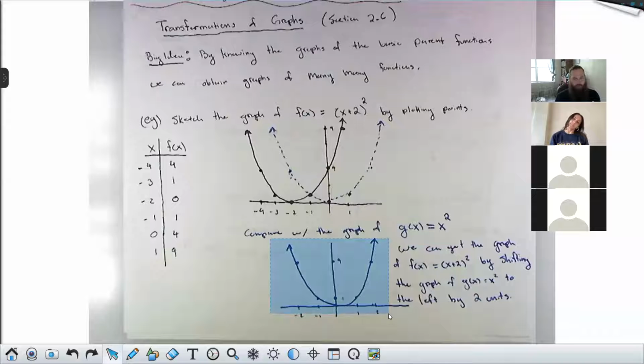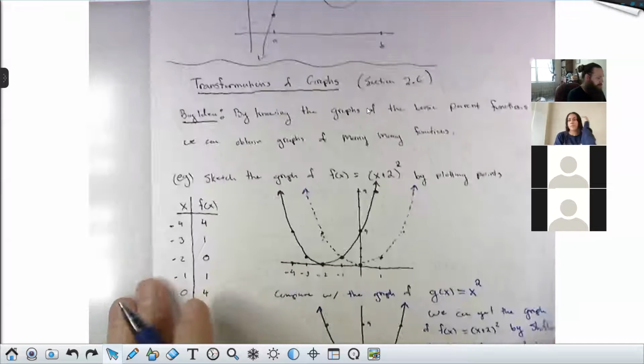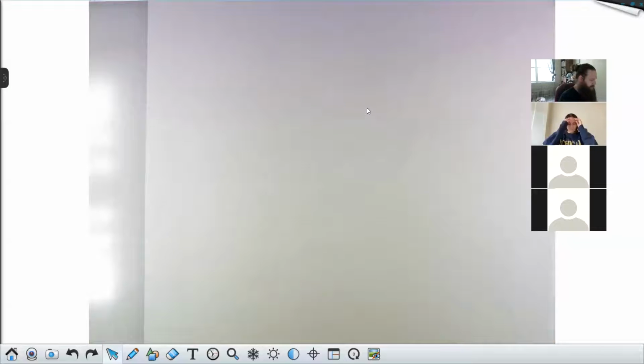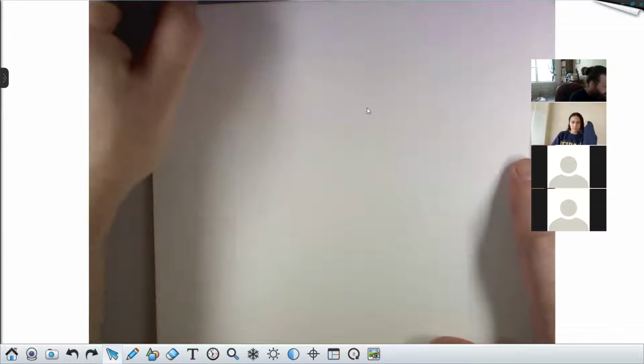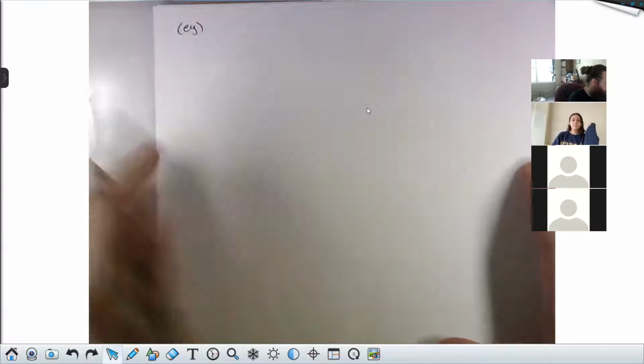So if you know the graph of x squared, you can get the graph of any function that looks kind of like this, right? Like (x plus 5) squared would be shifted to the left 5 units. Let's see if we can just run with this for a minute. I haven't even written down the rule yet, but you all have already learned it.